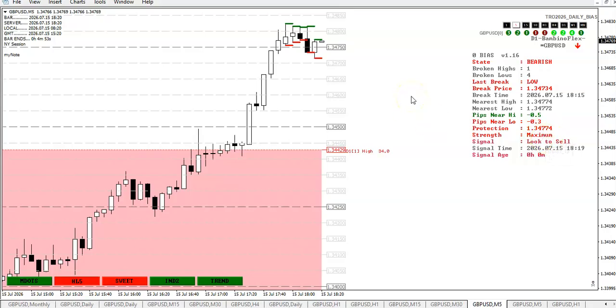If it breaks 2 or more highs, it'll look to buy. 2 or more lows, look to sell. Tells you the last break with the low, that last break price. So you can see here, now it just broke above. So we've gotten look to buy.